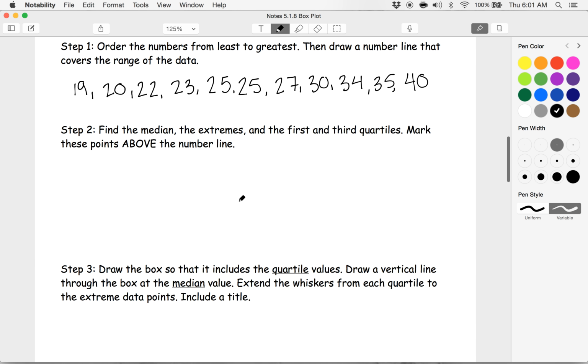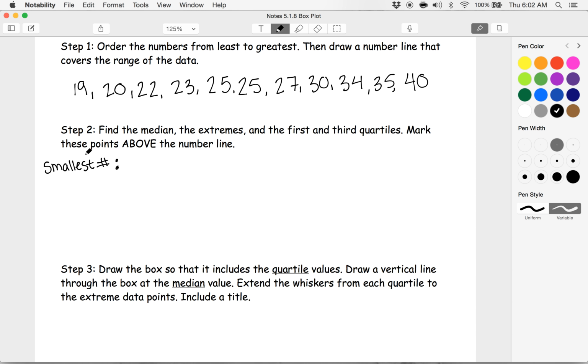Now it says, find the median, the extremes, the first and third quartile. Mark these numbers. So my extremes talk about my minimum and my maximum, which is my smallest number and my largest number. So what's my smallest number? Take a look at that list and what do you see?